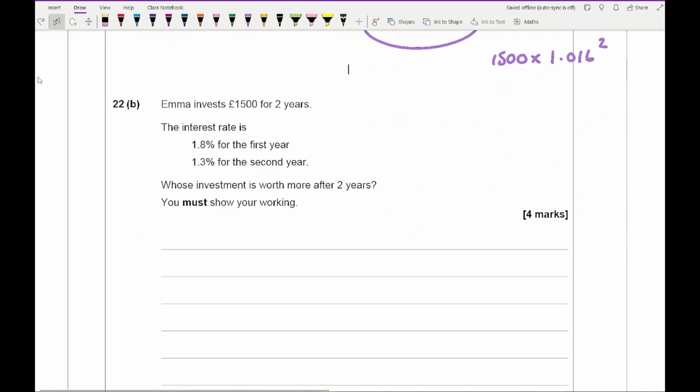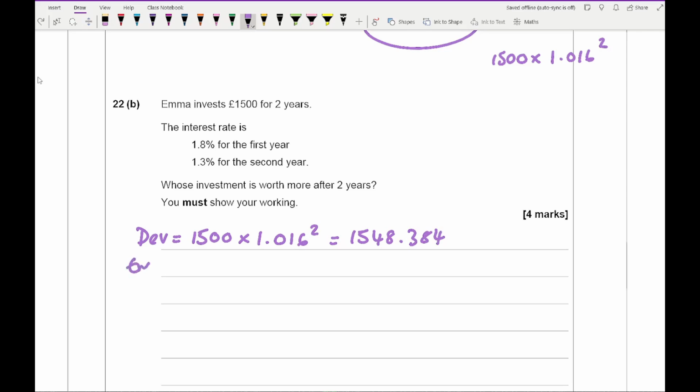It then says Emma invests £1,500 for 2 years. The interest rate is 1.8% for the first year and 1.3% for the second year. Whose investment is worth more after 2 years? Well, if I work out Dev's, that was 1,500 multiplied by 1.016 to the power of 2. I get an answer of 1548.384.